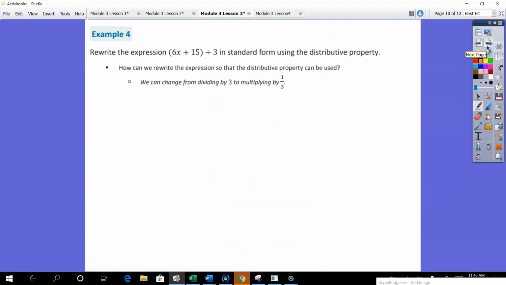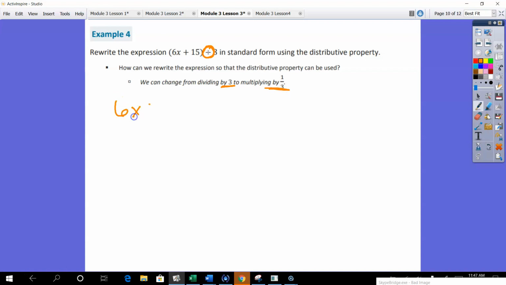Okay. In example 4, we want to rewrite this expression in standard form using the distributive property. So we're seeing division here. How can we rewrite the expression so that the distributive property can be used? So we have to change that division by 3 to multiplying by a third, multiplied by the reciprocal.